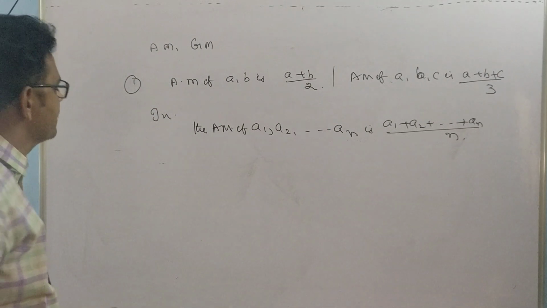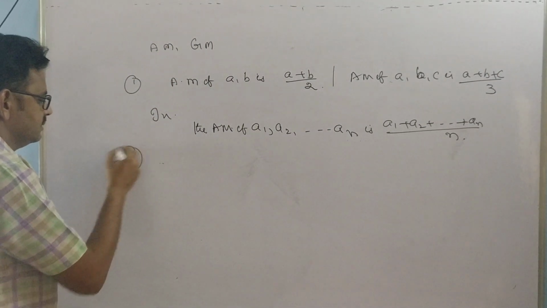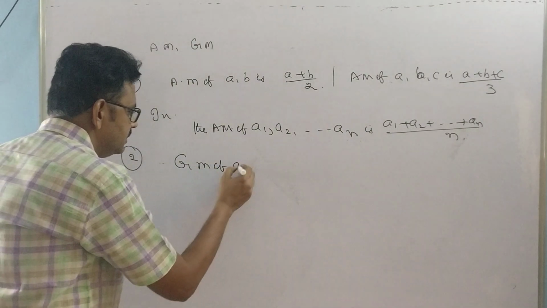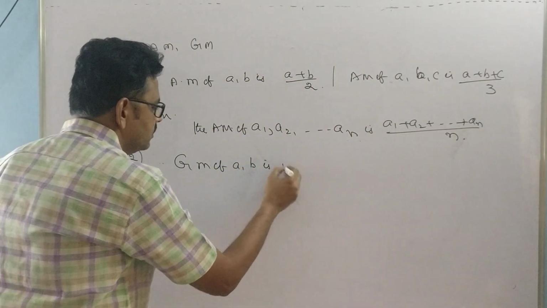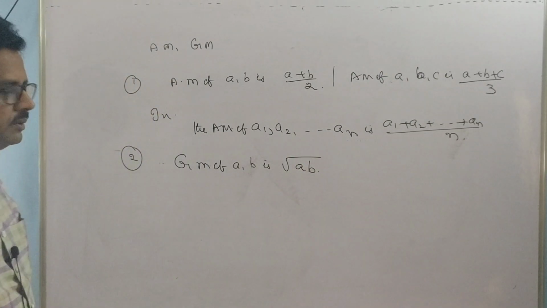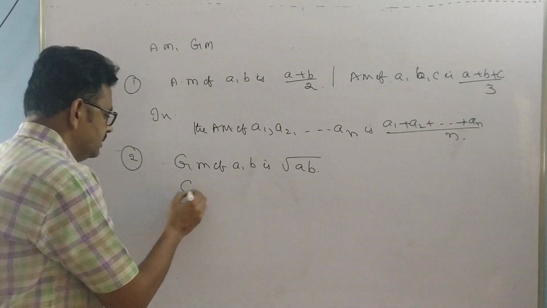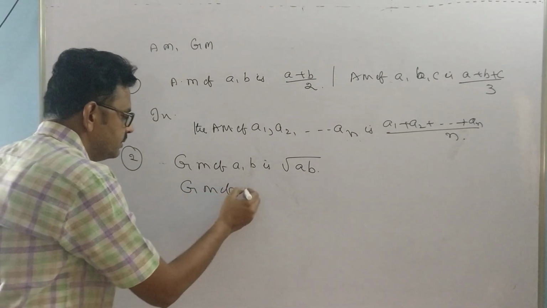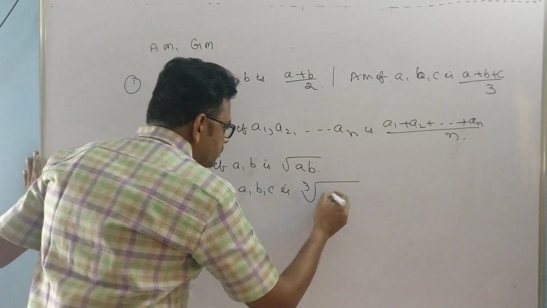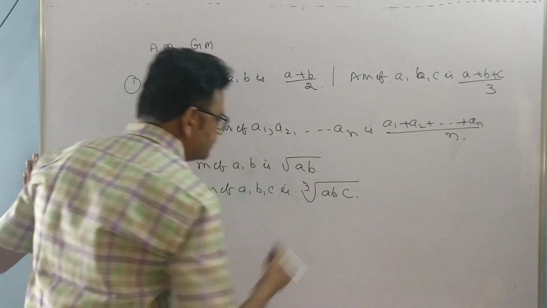Like the second one, the geometric mean of a comma b is square root of ab. If you take geometric mean of a comma b comma c, it is cube root of abc.